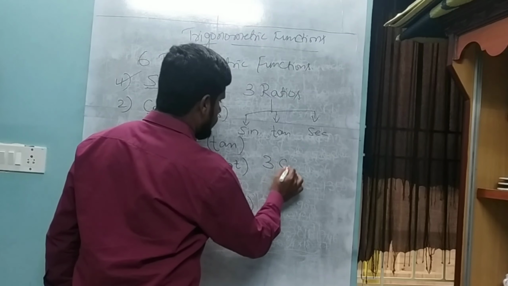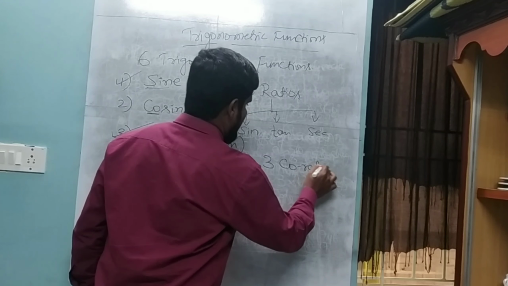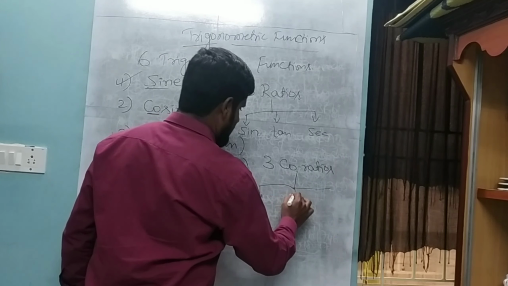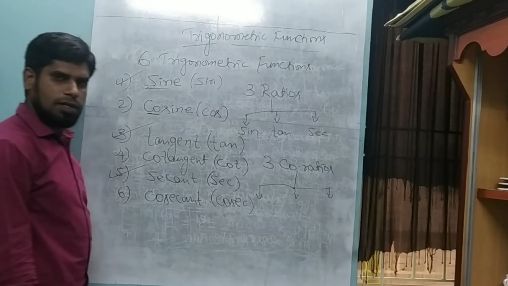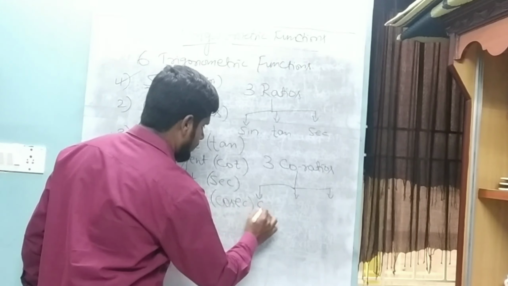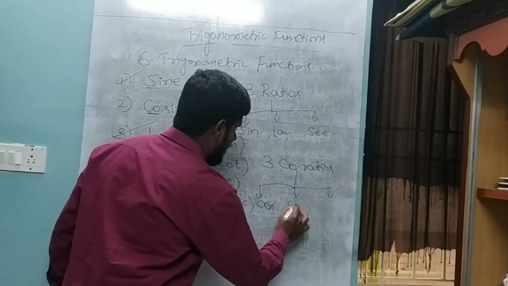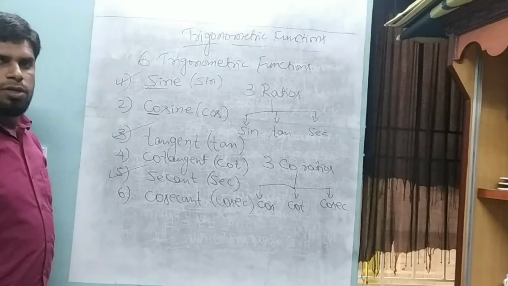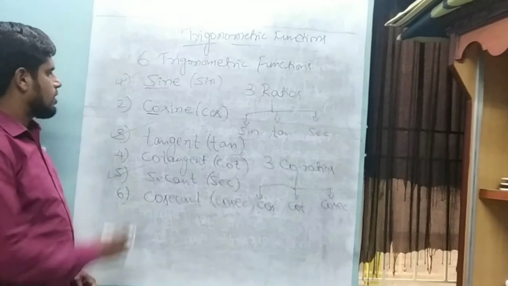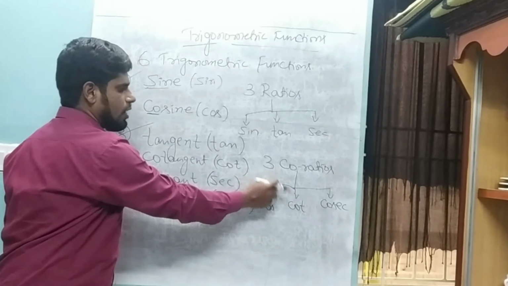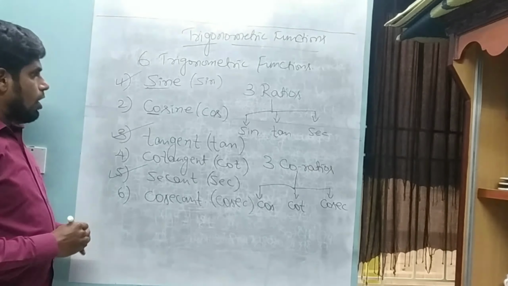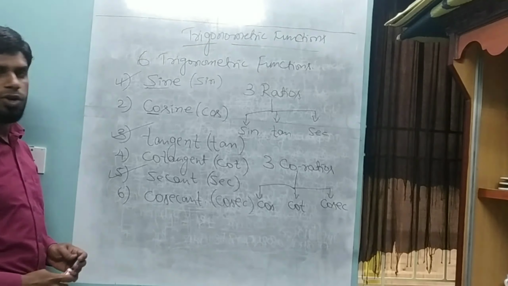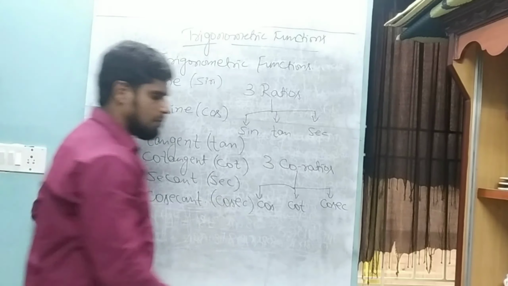There are 3 co-ratios: cos, cot, cosecant. So these are the 6 trigonometric functions, 3 ratios and 3 co-ratios. Now let us study the definitions of these 6 trigonometric functions, one by one.